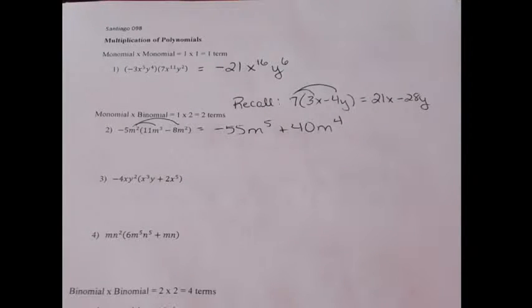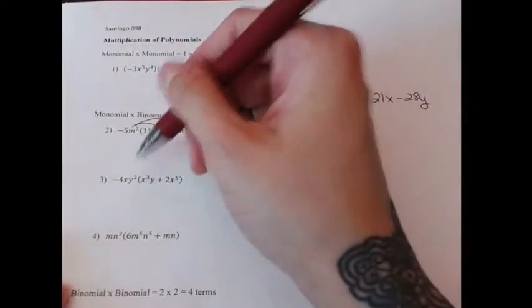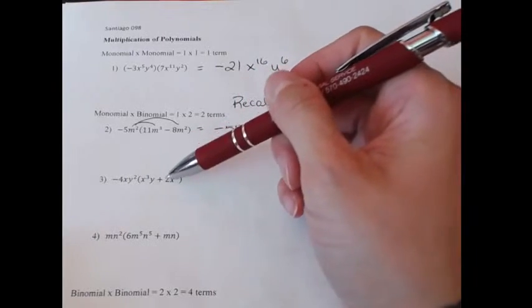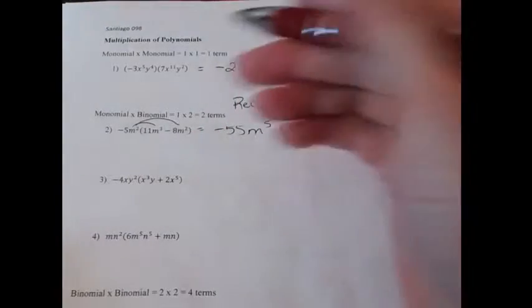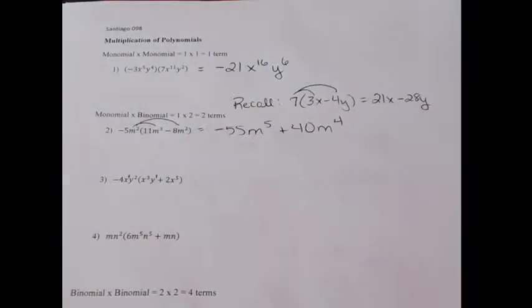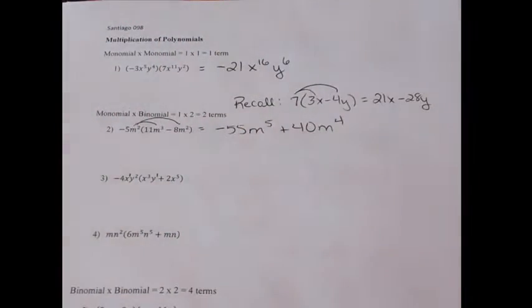Let's do it again. For number 3, we have -4xy to the 2nd power times x to the 3rd y plus 2x to the 5th. All right, let's write in some powers here. x is to the 1st power, y is to the 1st power. Let's distribute.